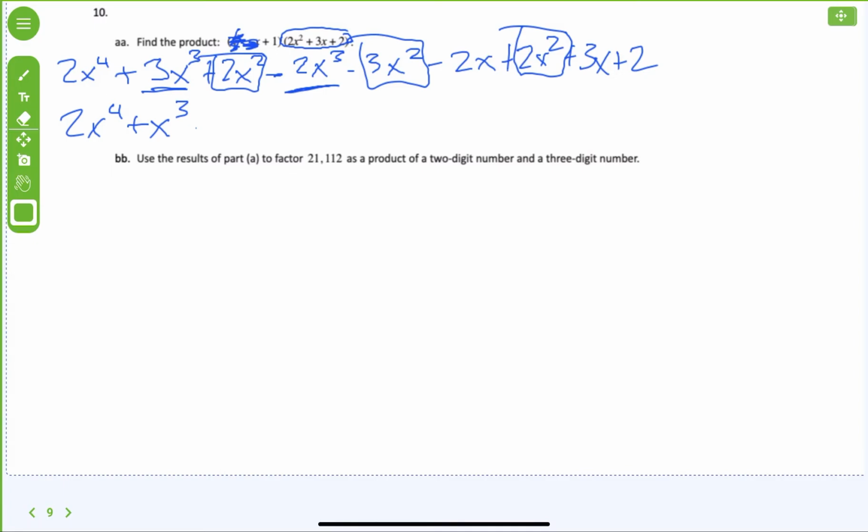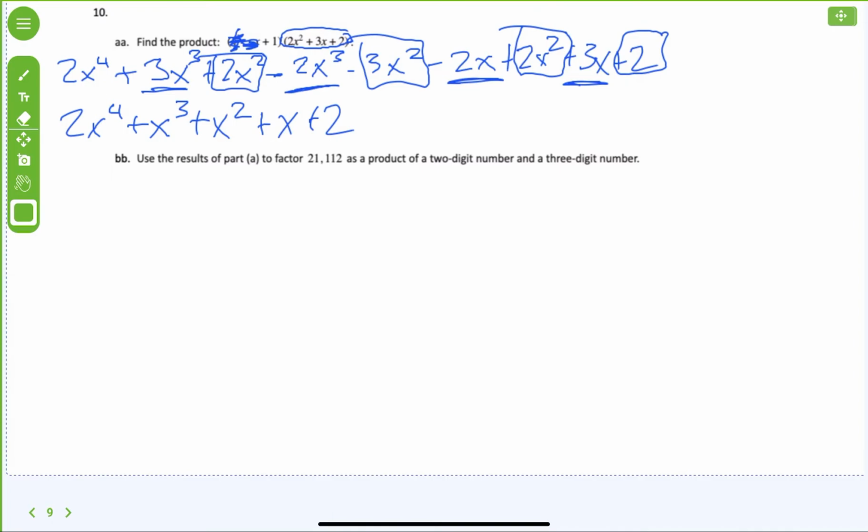Well, the positives is 4x squared minus 3x squared. So that's going to give us a plus x squared. Now our x's are simply negative 2x plus 3x. So that's going to give us a plus x. And then we're left with this plus 2. There you go. It is that simple. Yes, I agree.